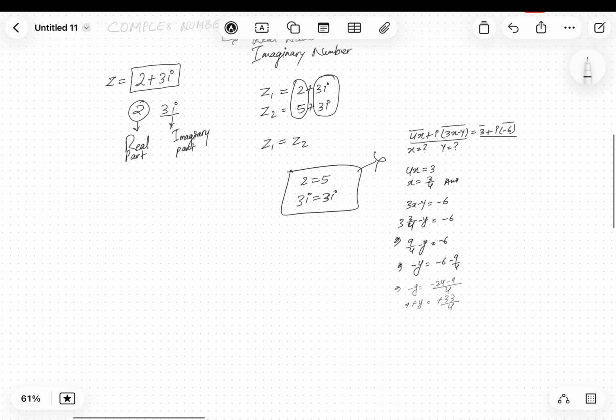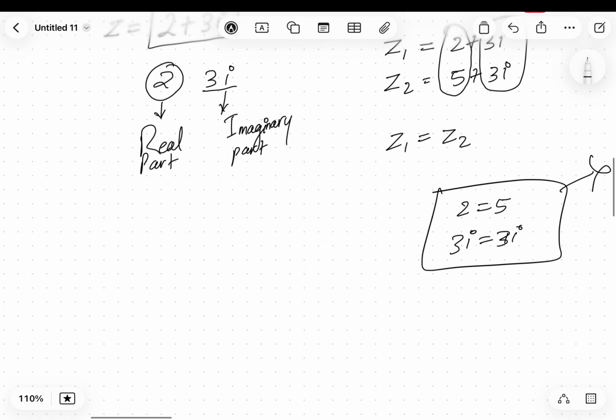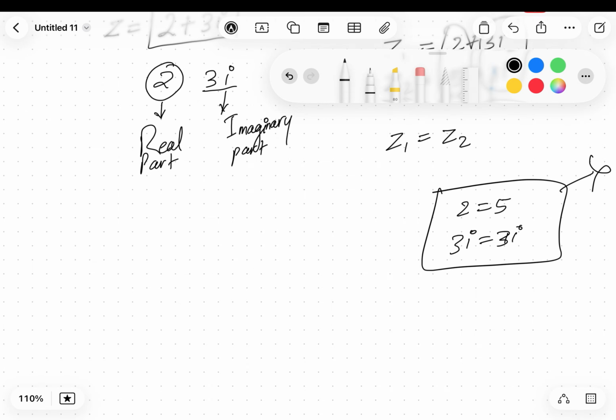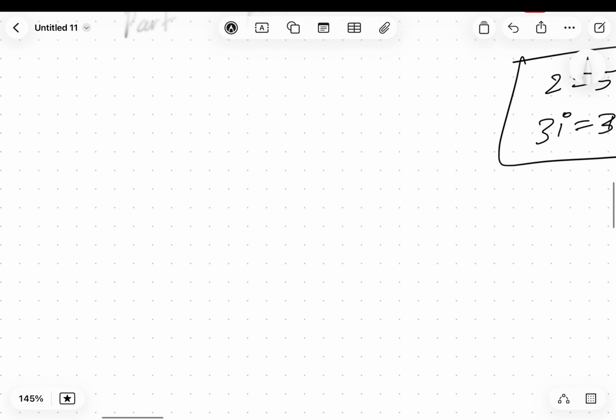Now let's move on and see the different algebra of complex numbers. First we have addition.